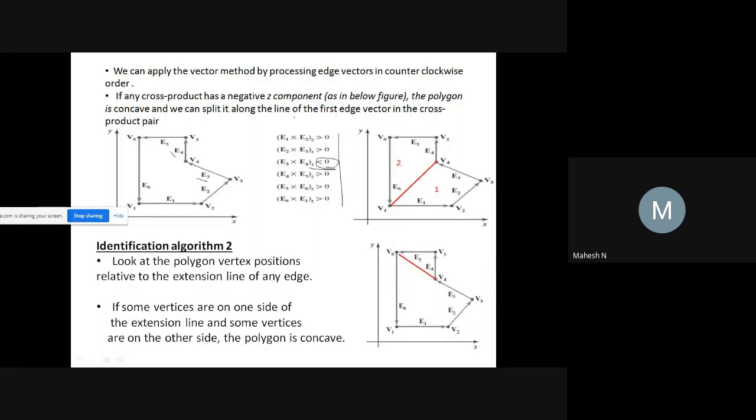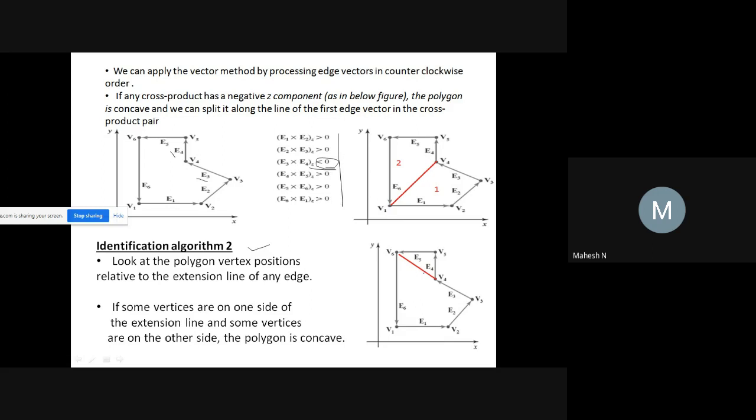This is the first algorithm. The first algorithm says that I will take the cross product between all the successive edges. If any of the cross products turns out to be negative, then I say my given polygon is a concave polygon. My second algorithm says how I find whether a given polygon is concave or convex. I will go on extending the edges and check the vertices.